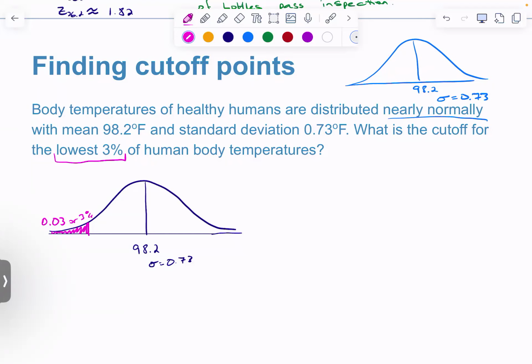But the area under the curve is a probability, and so we're always going to use the decimal version. Usually we convert back and forth pretty easily. So let me just give more room here. 3% or 0.03. So we're forcing that area to be 0.03.